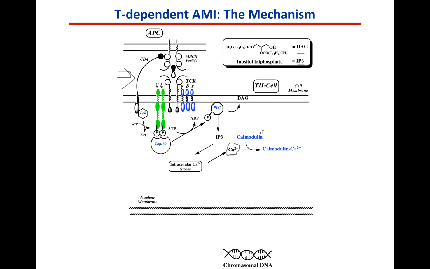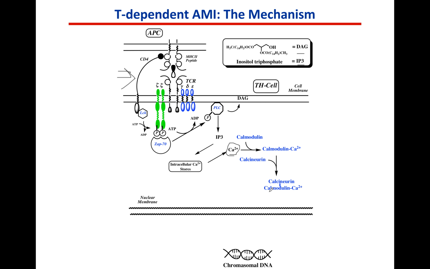Now this binds to a molecule called calmodulin, which is specifically set up to bind to calcium. As the calcium levels rise, more and more of the calmodulin becomes bound with calcium. And then as this concentration rises, it now binds to another molecule called calcineurin, forming this complex of calcineurin and calmodulin.